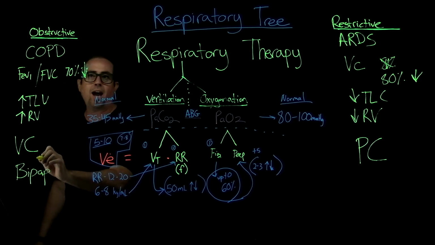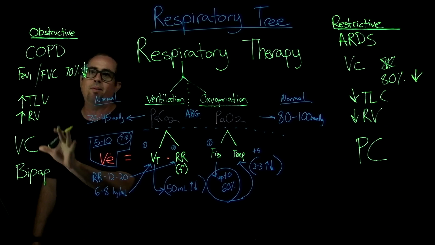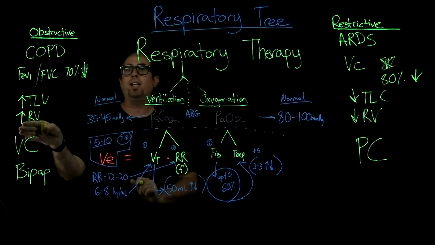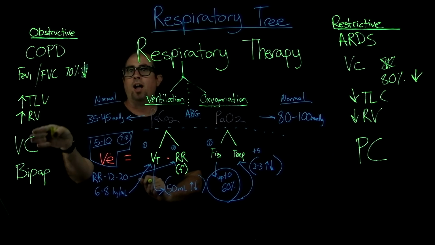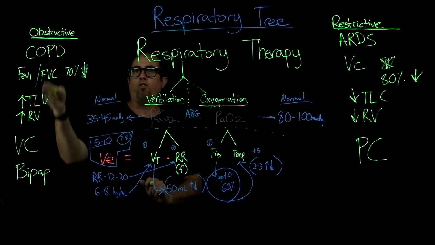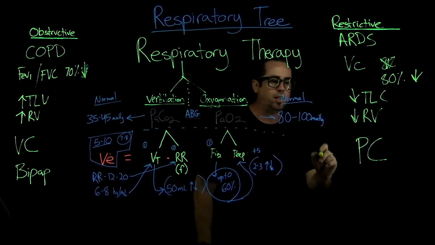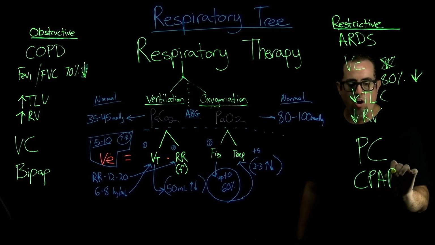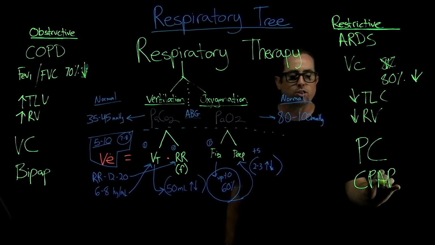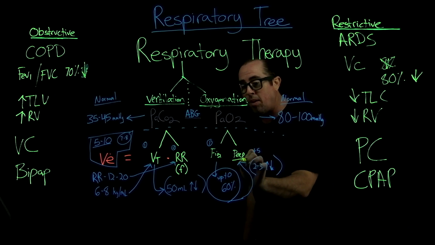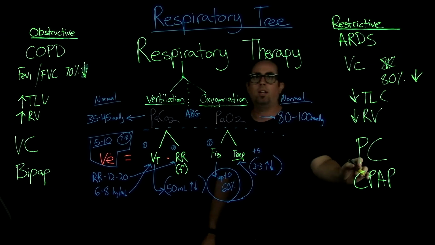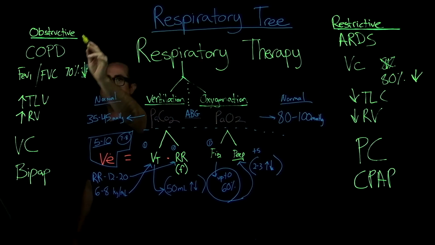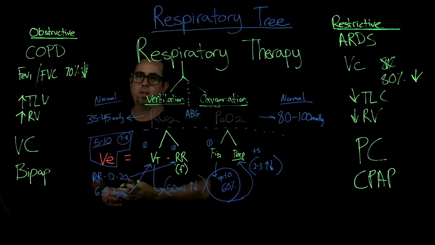BiPAP, because you know it's IPAP, EPAP, and it does do some EPAP, but really the focus is the IPAP or the BiPAP. If you get that NIV, non-invasive BiPAP, you select it for a COPDer. For restrictive, you want to select CPAP, because we know continuous positive airway pressure is the same as PEEP, right? CPAP, you select CPAP for oxygenation issues. If it's ventilation issues, you want to select BiPAP, all right?